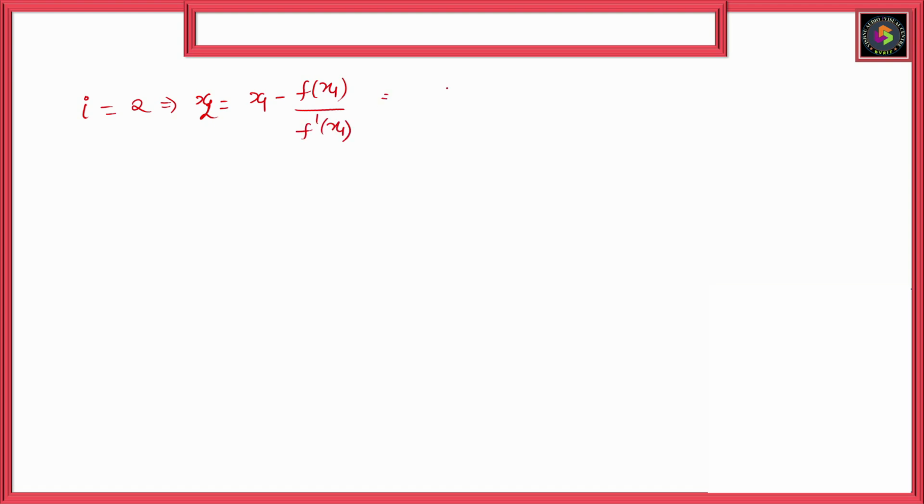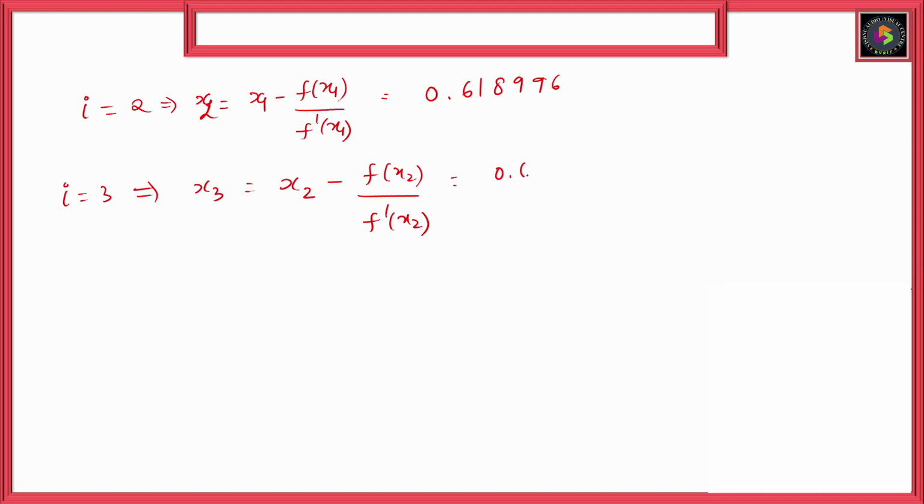When I substitute the values, I get the answer 0.618996. For i = 3, x3 = x2 - f(x2)/f'(x2), that equals 0.619061.